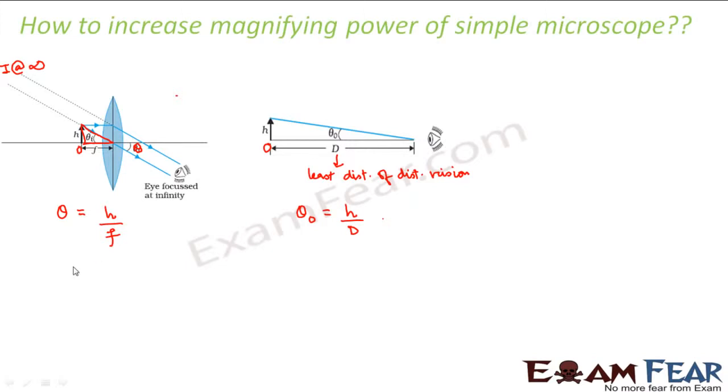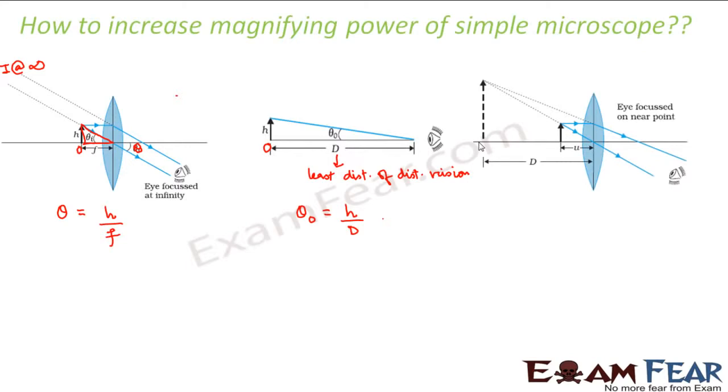Now if I want to calculate the magnification of a simple microscope, let me consider the scenario of the simple microscope. In a simple microscope, we bring the object even closer than the focal length. So right now the focus may be somewhere here, and the object is brought even closer than the principal focus.